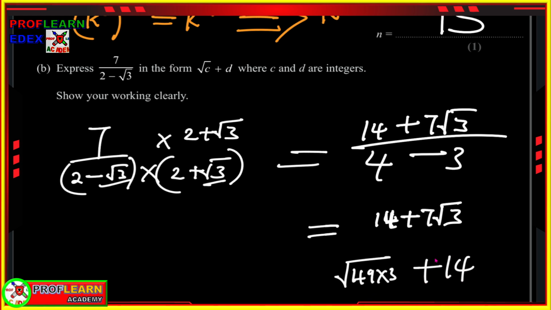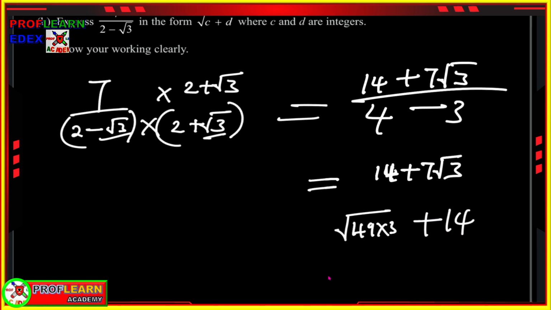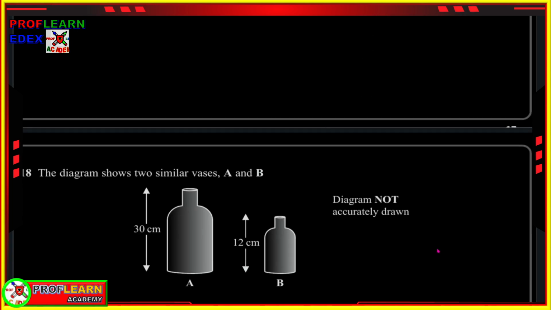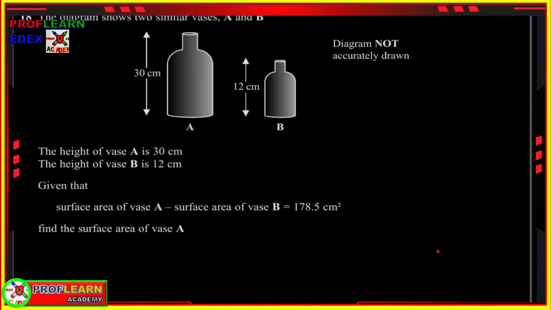If you work it out, you get 147. Square root of 147 plus 14. So that becomes the required answer for that case.